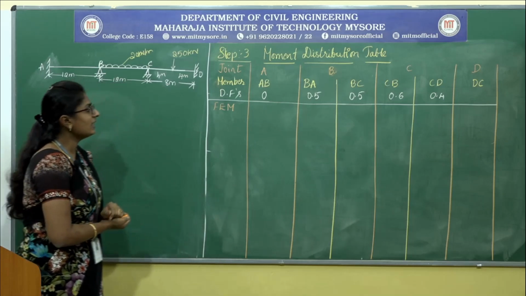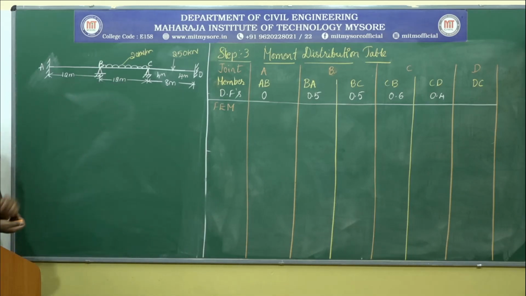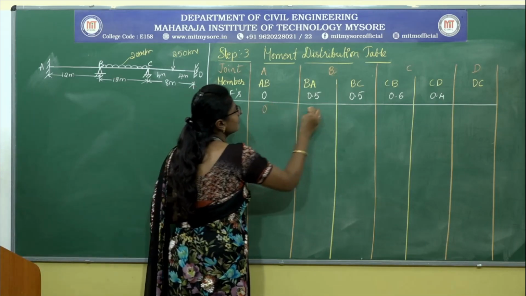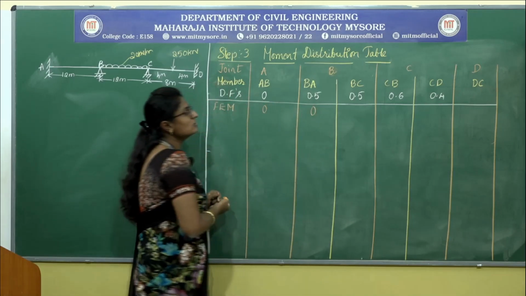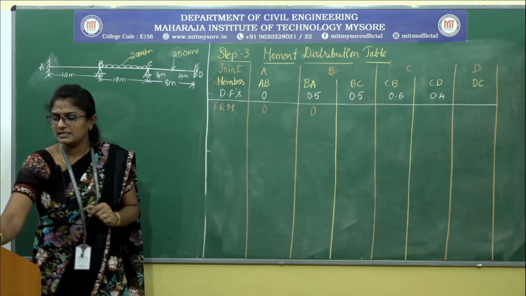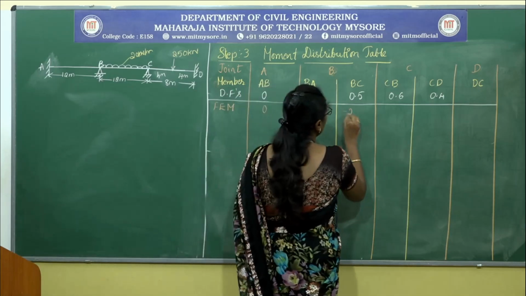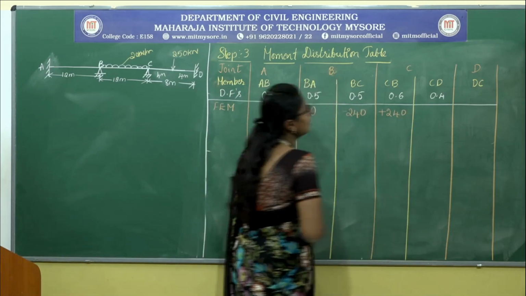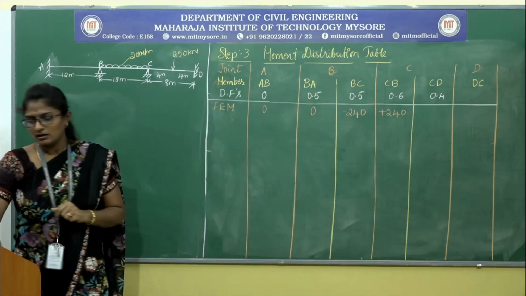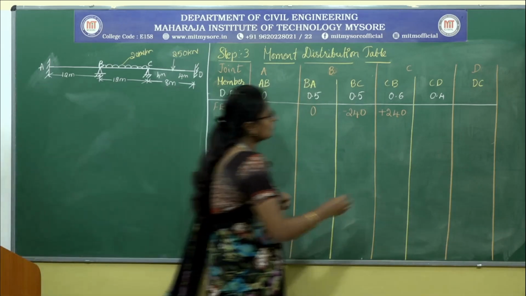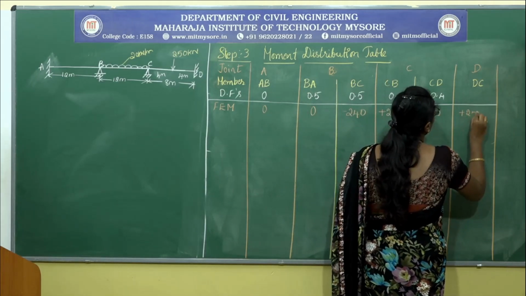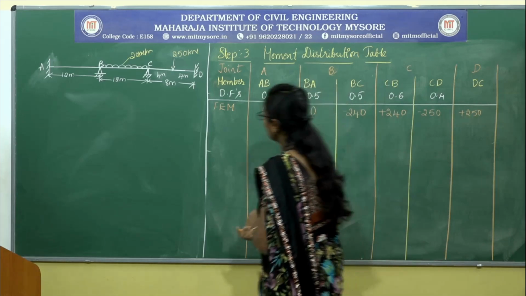So, we have even calculated the fixed end moments for all the spans separately. So, what is the fixed end moments for span AB? It is 0, for BA is also 0. So, the fixed end moments for span BC, it is minus 240 plus 240, and for CD it is minus 250 and plus 250 kilonewton meter.